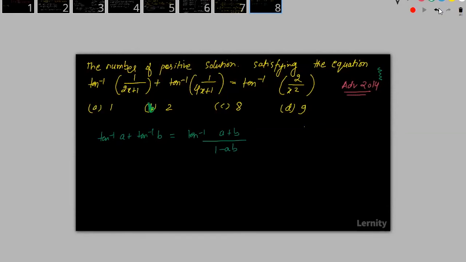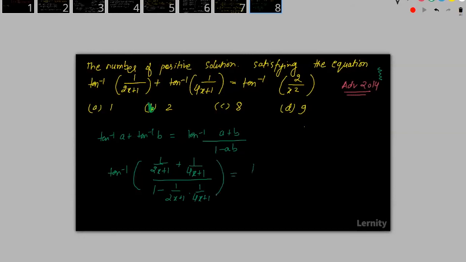tan inverse of A plus B, so this is 1 by 2x plus 1 plus 1 by 4x plus 1, upon 1 minus 1 by 2x plus 1 into 1 by 4x plus 1. Okay.